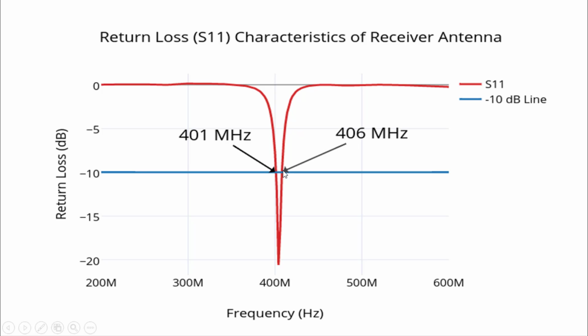We have just 5 megahertz for this antenna, so this bandwidth does not respect the ultra wideband characteristics. So we cannot go on to talk about the second condition of 3.1 gigahertz and 10.6 gigahertz. So we cannot talk about the ultra wideband characteristic.